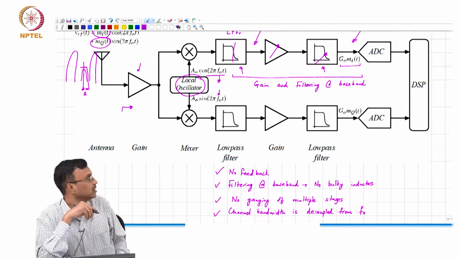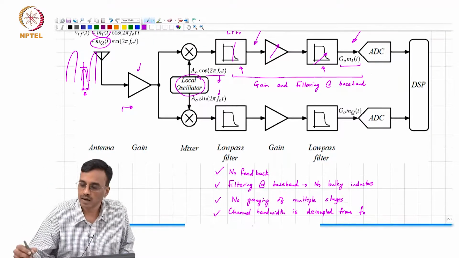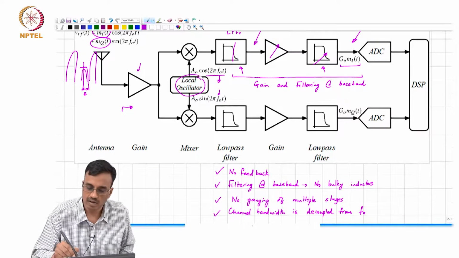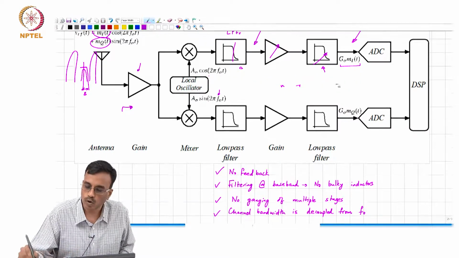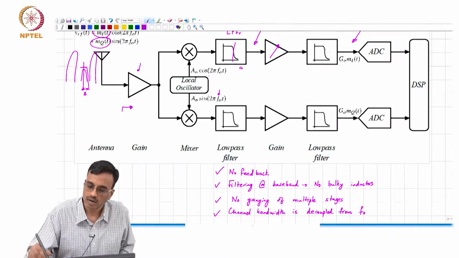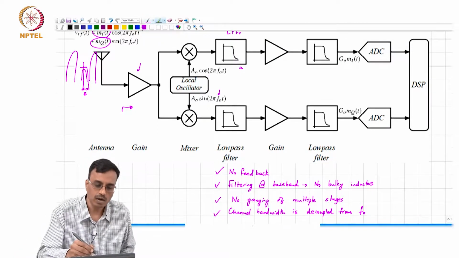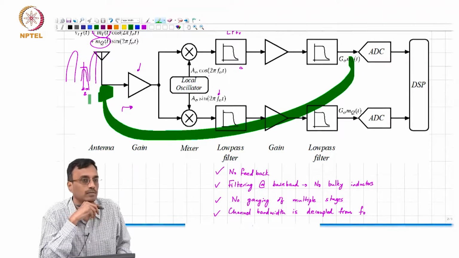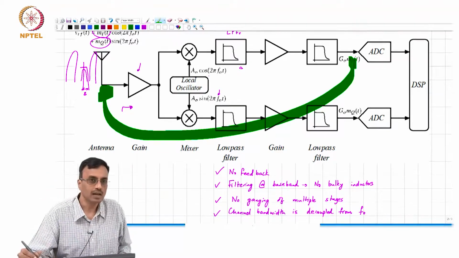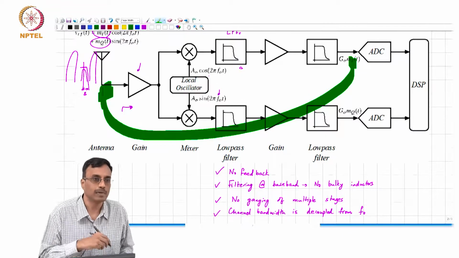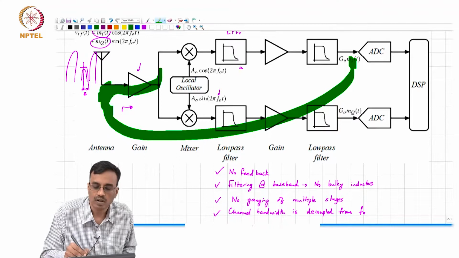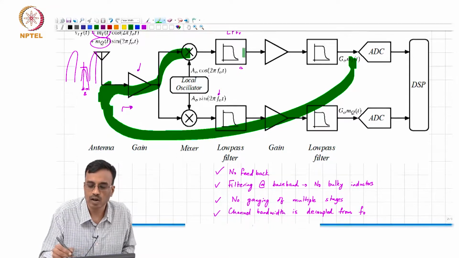And the next thing is, you are right, feedback in the baseband chain is not a problem. What about feedback from here to here? Well, this is a baseband signal. So even if some of it couples to the antenna, it will go through and get down converted.